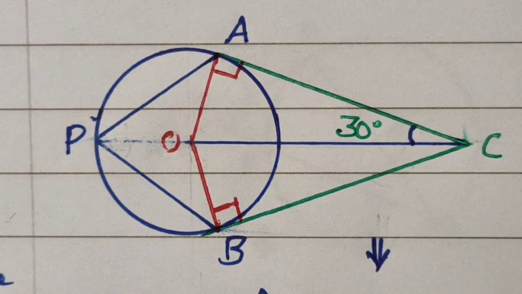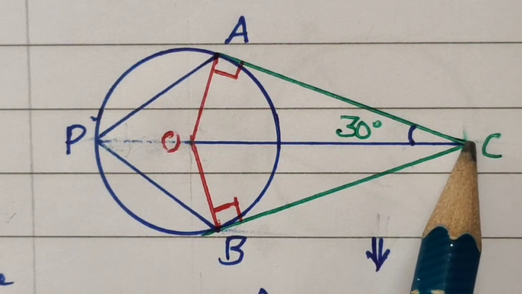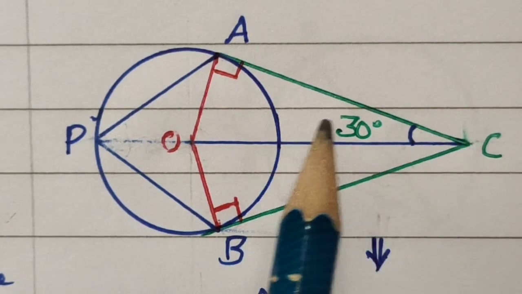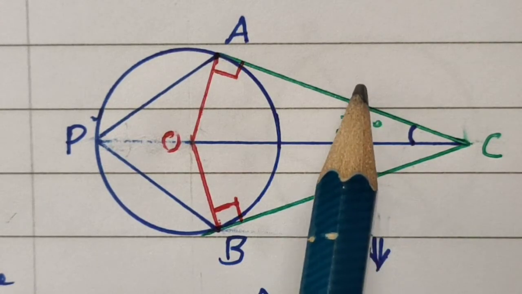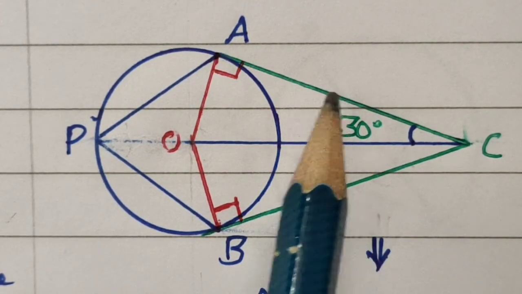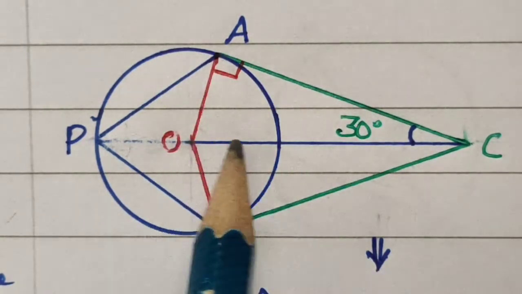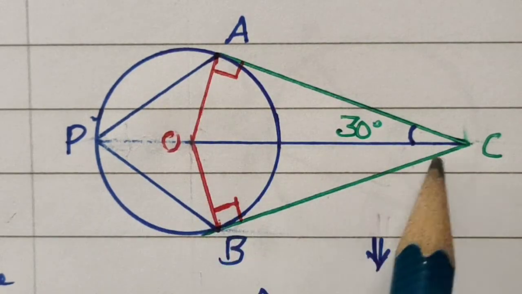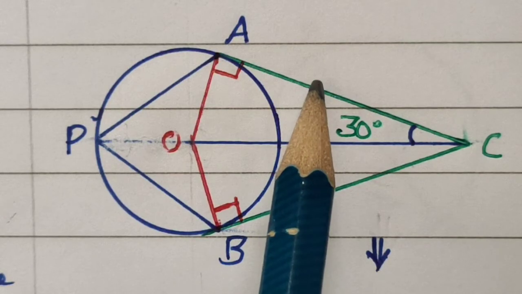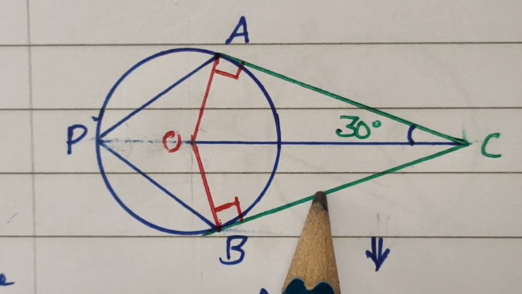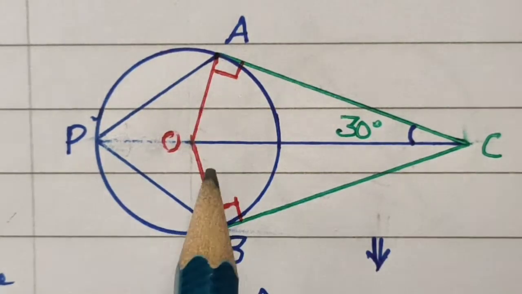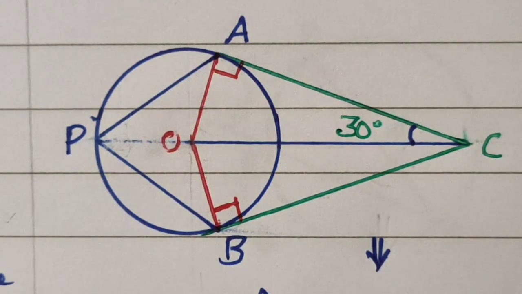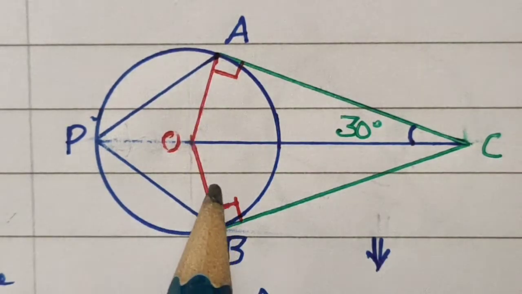We know that tangents drawn from the same point are equal. Therefore, this is equal to this side. If we consider this as one triangle and this as one more triangle, this side of a triangle is equal to this side of the other triangle. And because this and this are radii of the circle, this side is equal to this side.